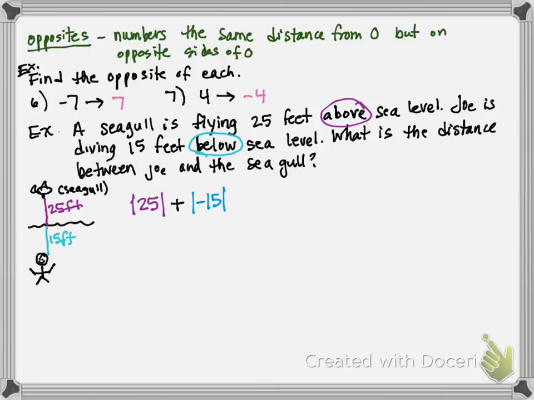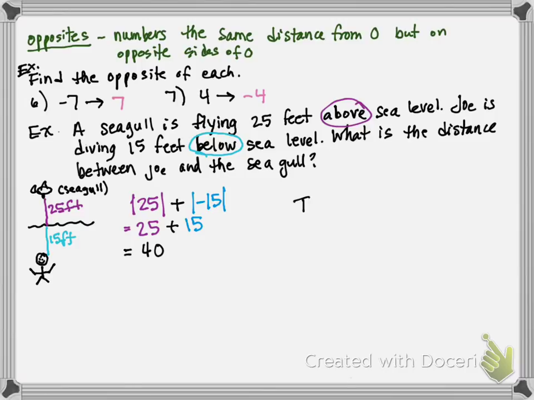So what we get for absolute value 25, it's just 25 away from the 0, which is sea level. And the absolute value of negative 15, it's just 15 away from the level of the sea. And then we just add them together, and we get the answer of 40.